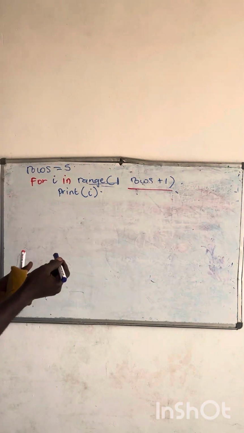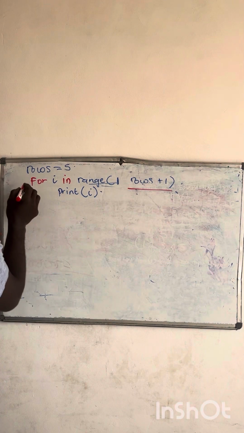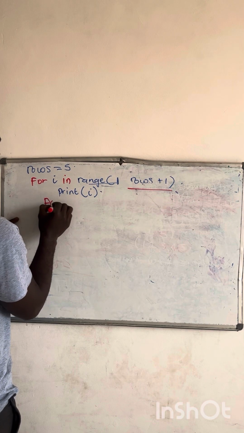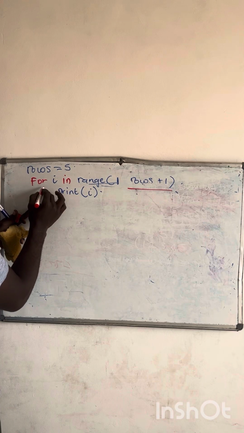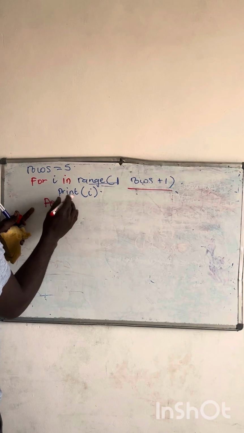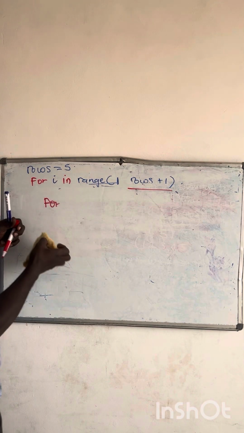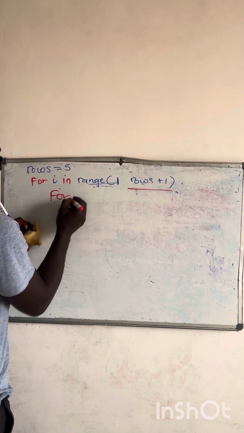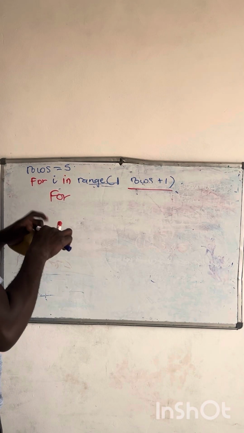We want to introduce another loop inside this loop. So we introduce another for loop. The first loop reads for i in range of this. We are not printing it out, so we are introducing another for loop.